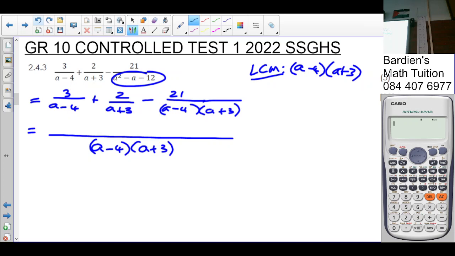So the first denominator must be multiplied by a plus 3 to get the LCM, so the numerator is also multiplied by a plus 3. So 3 must be multiplied by a plus 3, and plus 2 into a minus 4. Minus 21, which must be multiplied by 1, so it's 21 times 1.